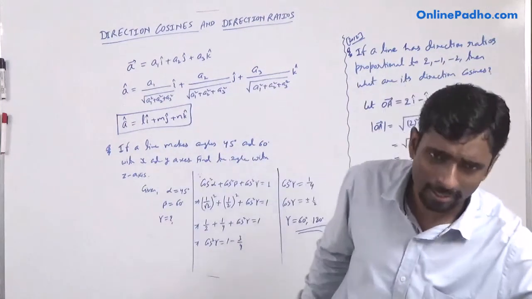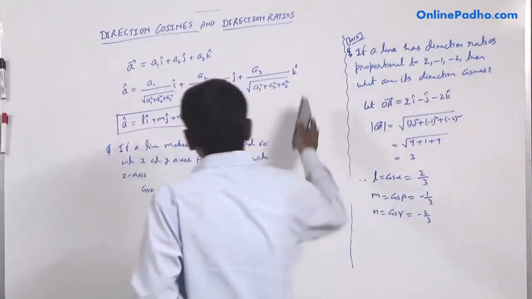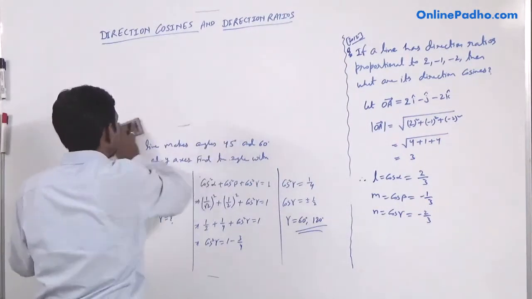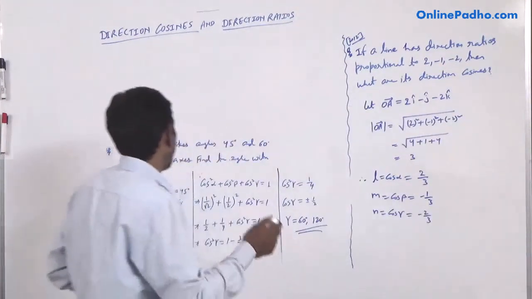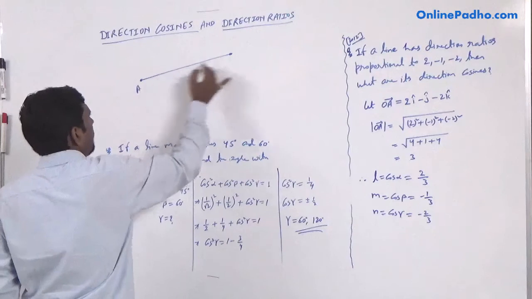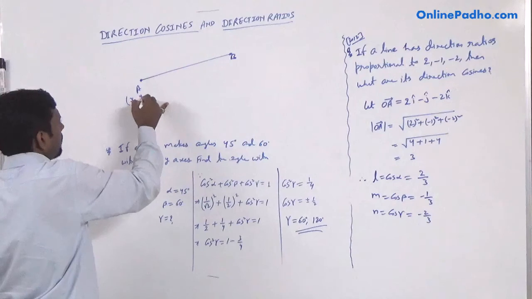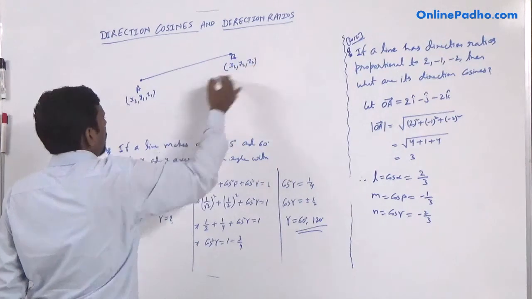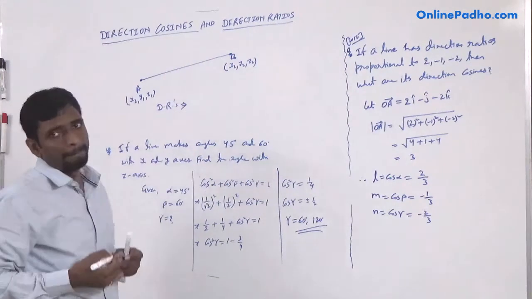Now the very important part: how can we find the direction ratio of a straight line passing through two different points? How can we find the direction ratio or direction cosines of a straight line passing through two points? For example, if we have a straight line AB whose coordinates are x1, y1, z1 and x2, y2, z2, what is the direction ratio of this line?